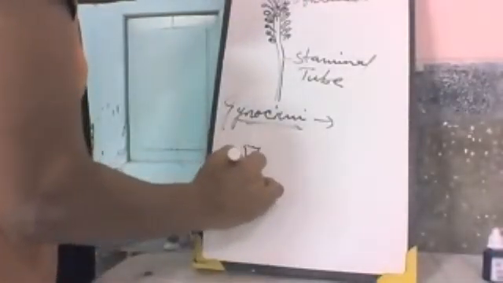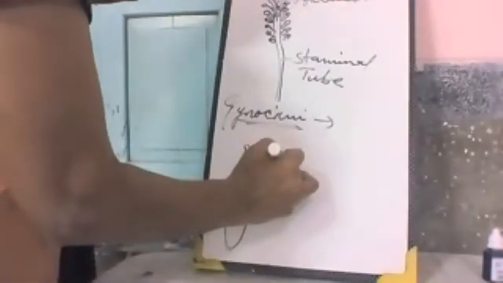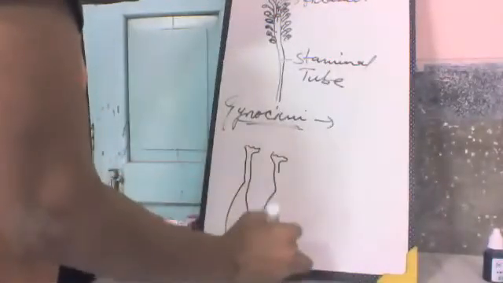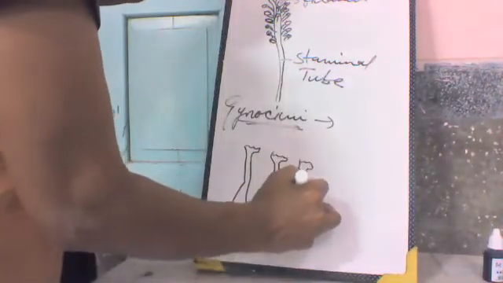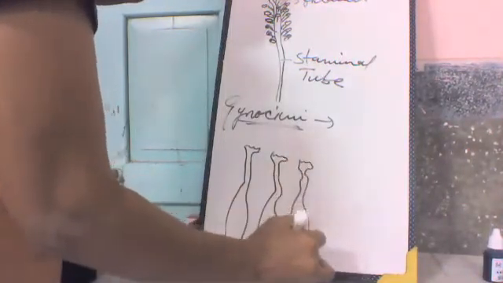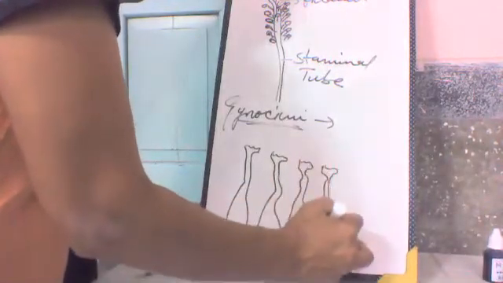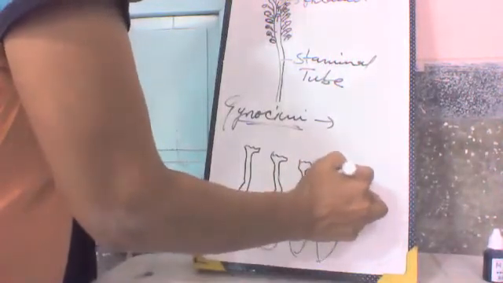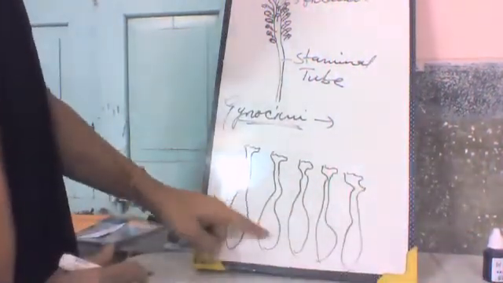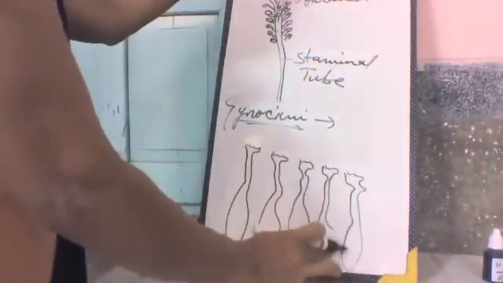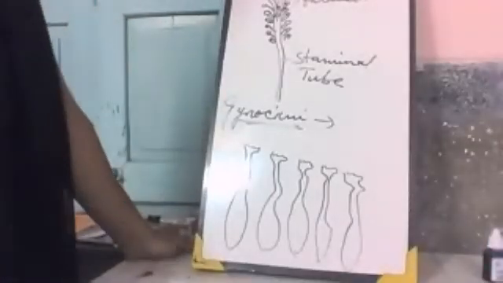How many pistils? 1, 2, 3, 4, 5. 5 pistils are present in one plant.